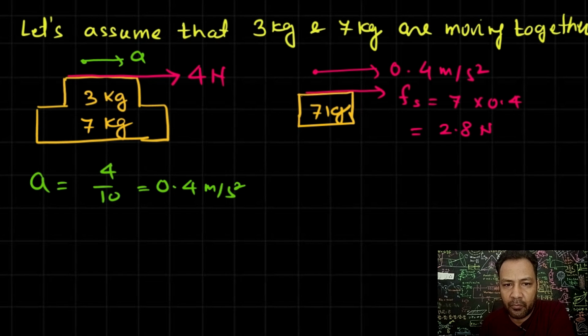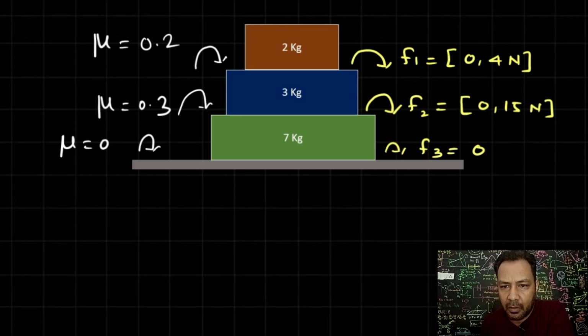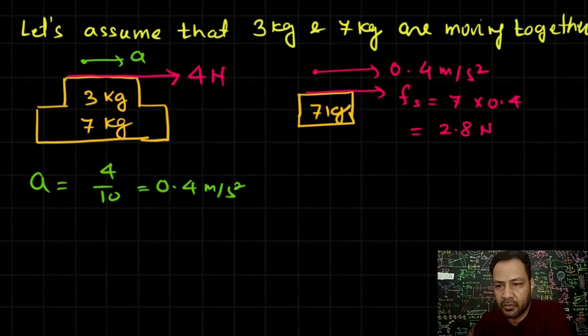The available friction between 3 kg and 7 kg is 50 Newton, and the requirement is 2.8, so our supposition is correct. So 3 kg and 7 kg are moving together with this acceleration. So the acceleration of 3 kg and acceleration of 7 kg is 0.4.